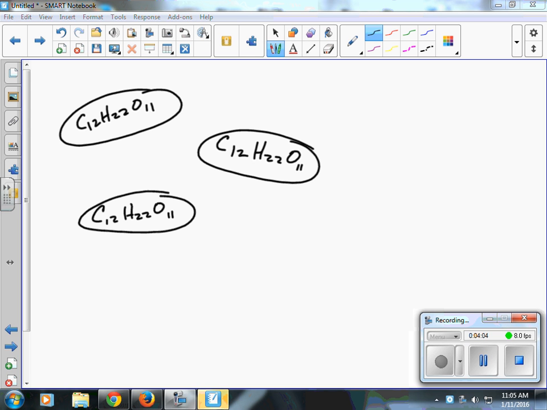What's inside here? Covalent. So does covalent only work with molecules? Yeah. So how can you tell if it's a molecule? Remember, if it's all non-metals, it's covalent. If it's ionic, it's got a metal and a non-metal. If it's metallic, it's all metal.